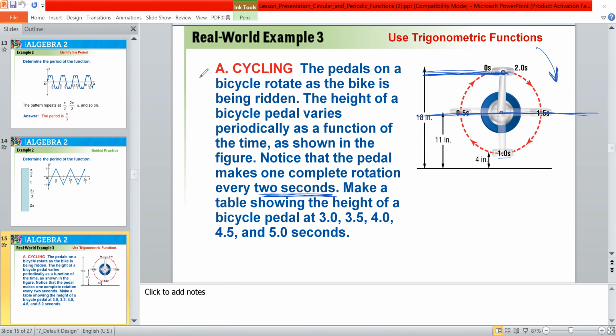When we have 1 second or 3 seconds or 5 seconds, the height of the pedal will be 4 inches. What is required? To make a table that shows the height of the bicycle pedal at 3 seconds, 3.5, 4, 4.5, and 5.